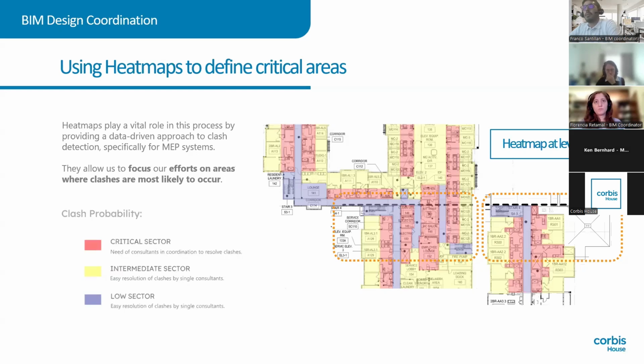MEP disciplines layout, and also for the construction criteria that our professionals and construction manager have based on our experience. So the first step for this service is to apply a heat map.